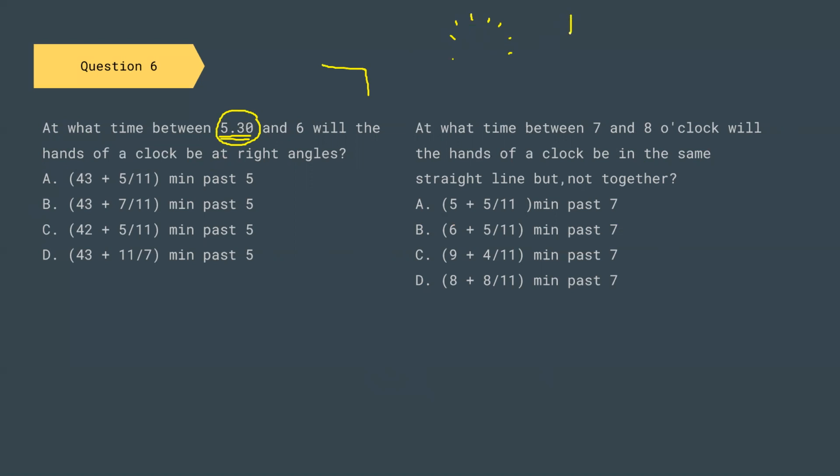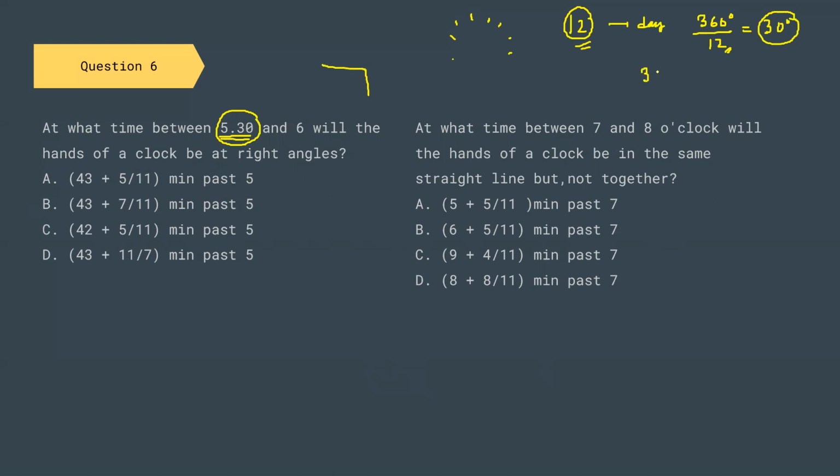The hour hand takes 12 iterations to complete 360 degrees. So every hour, the hour hand completes 30 degrees. The whole face of the clock is 360 degrees and there are 12 hours, so for every hour, the hour hand covers 30 degrees.